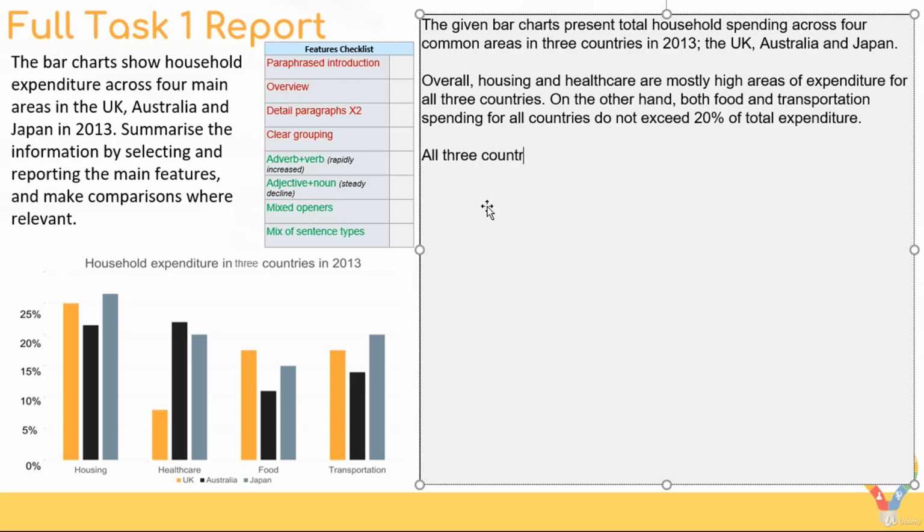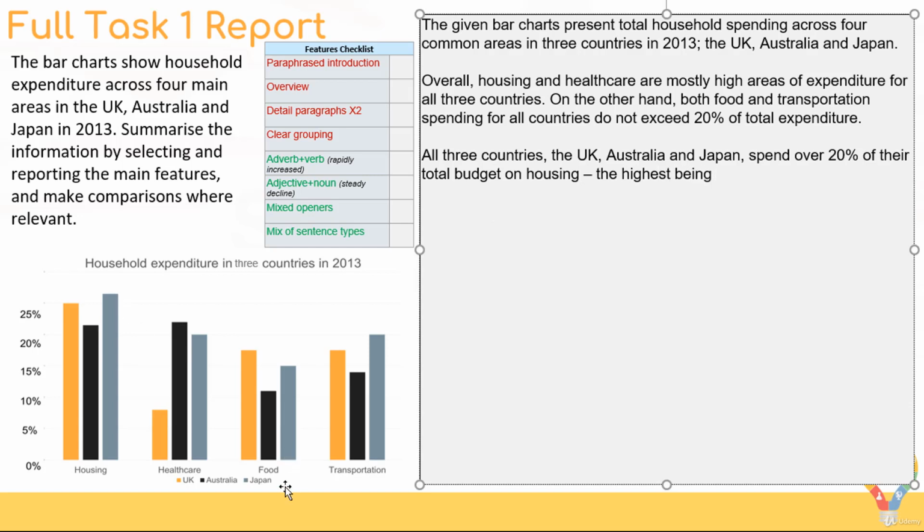All three countries, the UK, Australia and Japan, spend over 20% of their total budget on housing. Let's add a hyphen just to add a bit more detail. The highest being in grey, we have Japan.